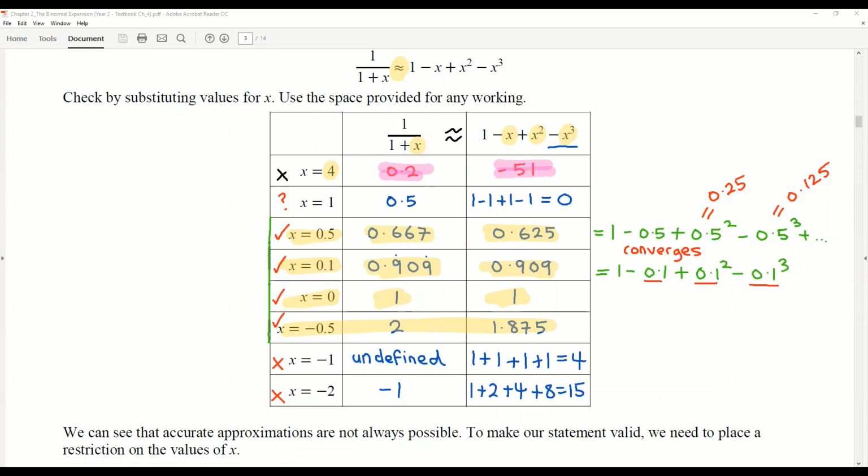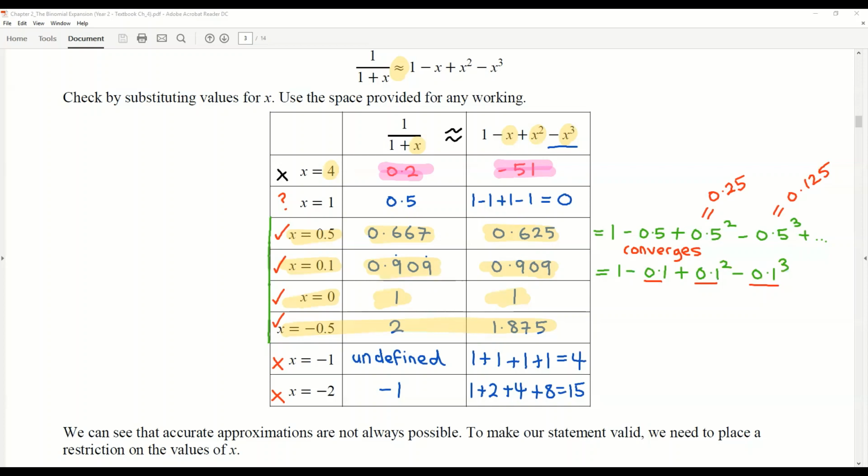It's converging. And when I put in 0, the whole thing just terminates and I just get 1. So it seems to hinge on the fact that when I'm adding or subtracting smaller and smaller amounts, when I'm squaring or cubing or raising it to a higher power, that's when our approximation seems to be valid.